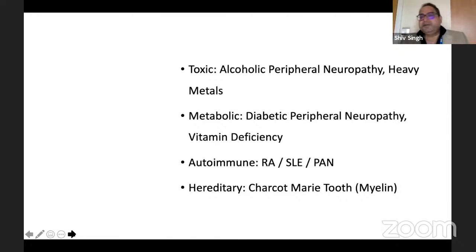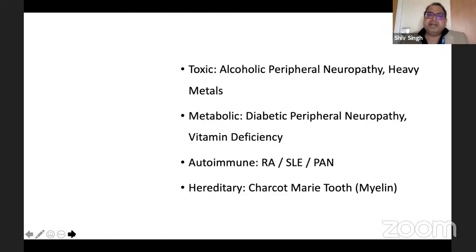It can happen because of metabolic causes like diabetic peripheral neuropathy or vitamin deficiency. It can be because of autoimmune processes like rheumatoid arthritis, SLE or polyarteritis nodosa. Or it can be hereditary, in conditions like Charcot-Marie-Tooth, where there's involvement of myelin.